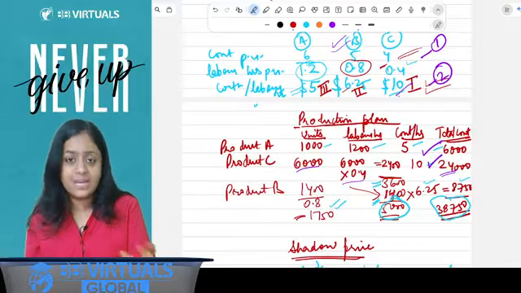Let me just correct it. Actually, we should get the scarce resource units for each product. It can be hours, it can be kgs, whatever it is.